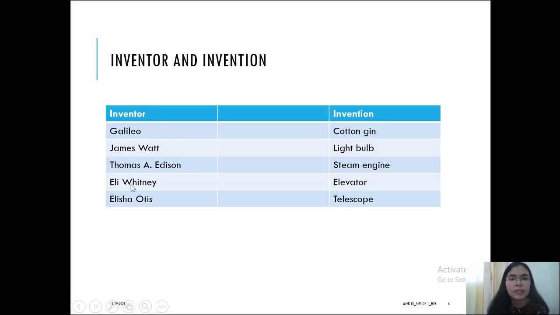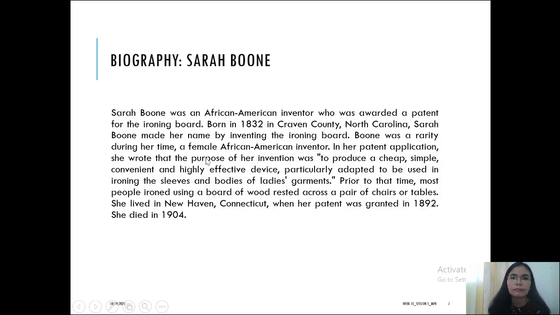I think these inventors' names are quite famous, and their inventions are pretty much ground-breaking, so they are used by plenty of people even until now. I want you to match which one, or who, invented what. Okay.